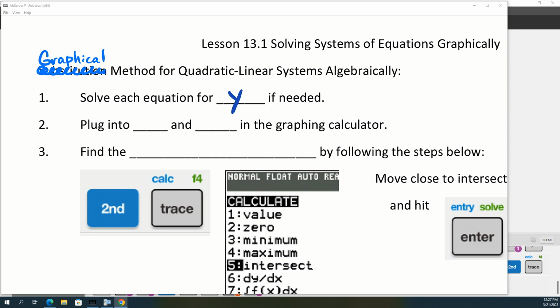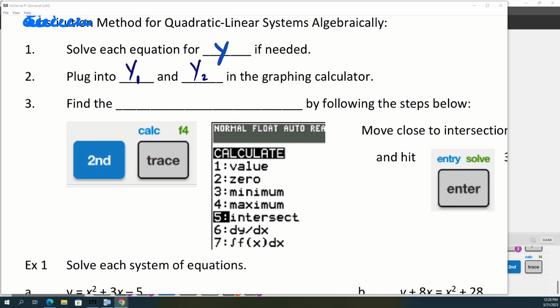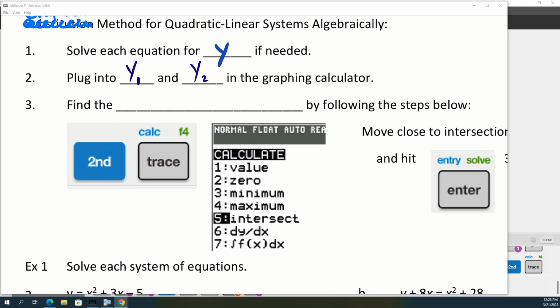Then you're going to plug into y1 and y2 in the calculator. We haven't used y2 very much, but I'll show you what that looks like. And then we're going to follow the steps that I've put below to find the intersection points.